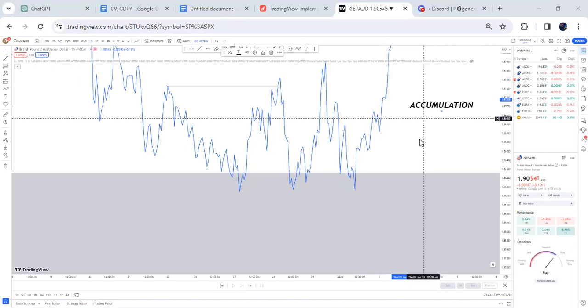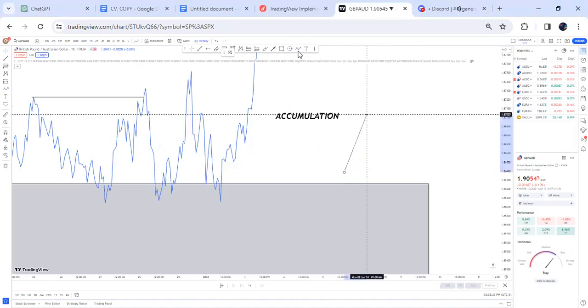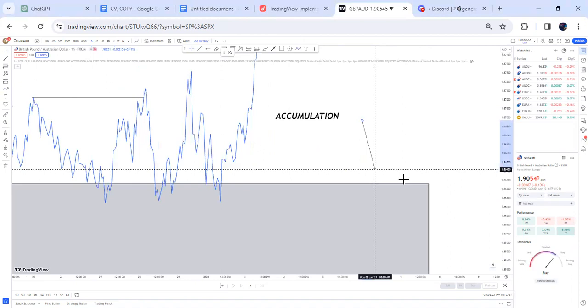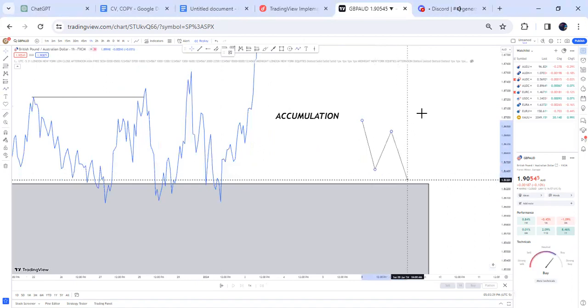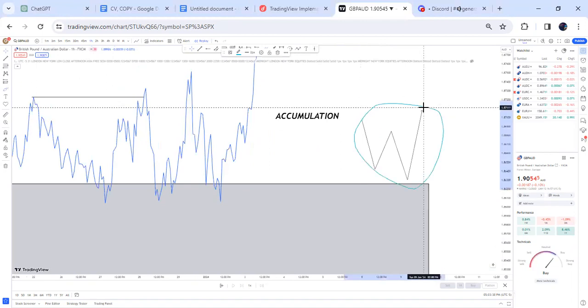But then what is accumulation? Accumulation is when we see price break structure. This entire thing is accumulation, right? This entire thing is accumulation, a break of structure.